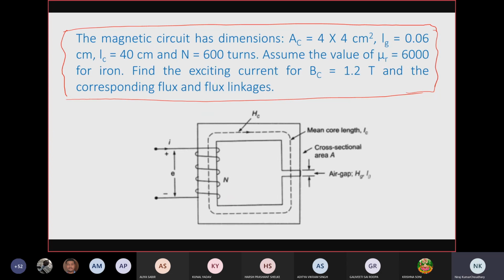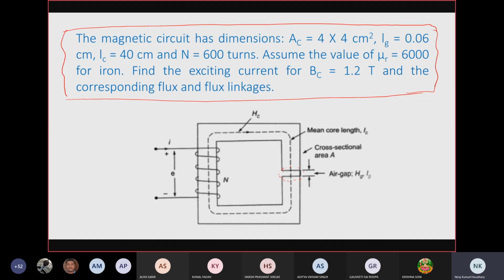And let us take one assumption here that no leakage of flux is taking place in this section. We will take this assumption only because practically there will be some leakage, because here there is another medium, that is air, between these two parts of the core.